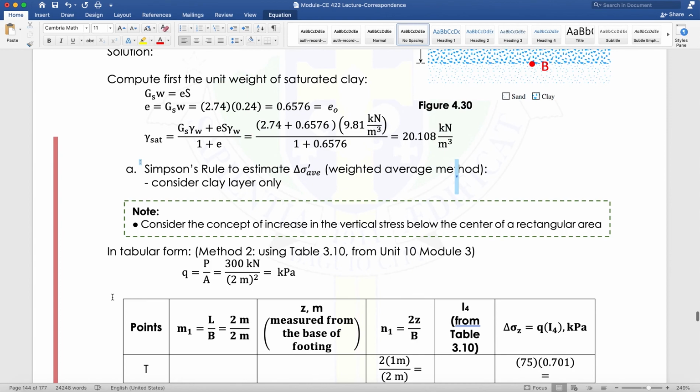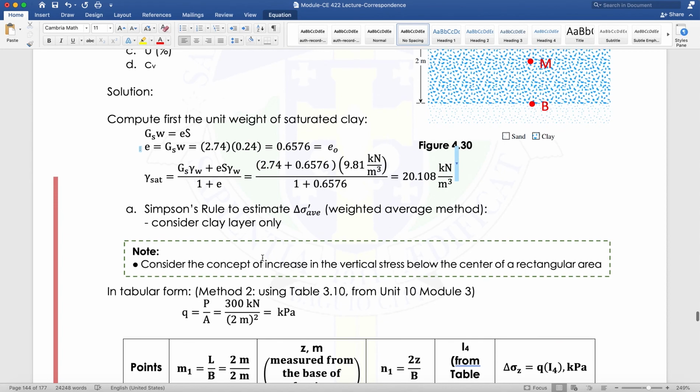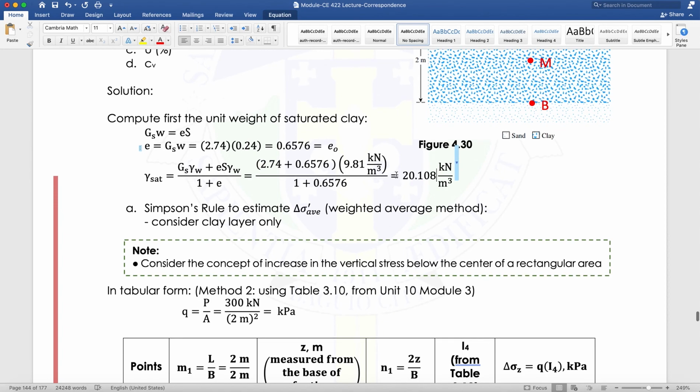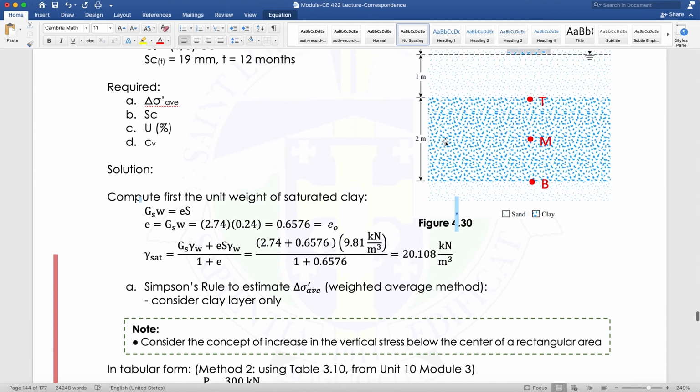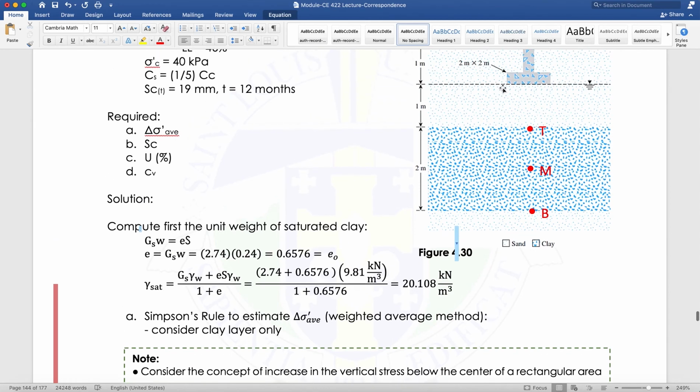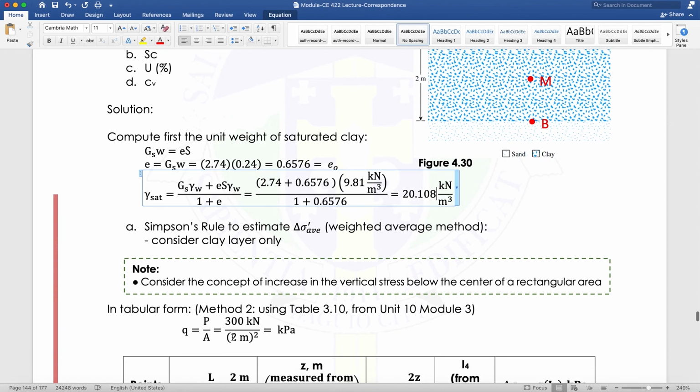And with that, we need first to solve for our q. We are given our force to be 300 kilonewton. For the area, take note that the footing is a square footing, so we have here 2 by 2. So 300 divided by the area of 2 by 2 is equivalent to 75 kilopascals.